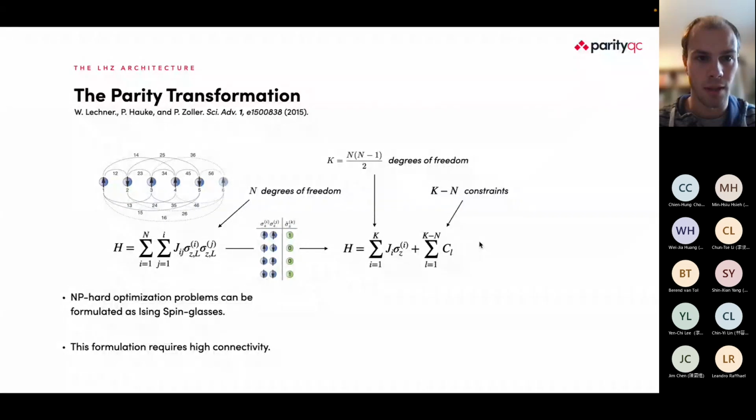And one difficulty when setting this transformation up is how to find these constraints and to identify actually what these constraints are. And it turns out that these constraints are 3 or 4 qubit terms like they are displayed here, and that they can be implemented very locally. So they do not require long range connectivity.